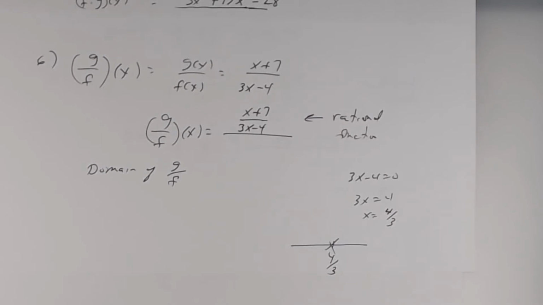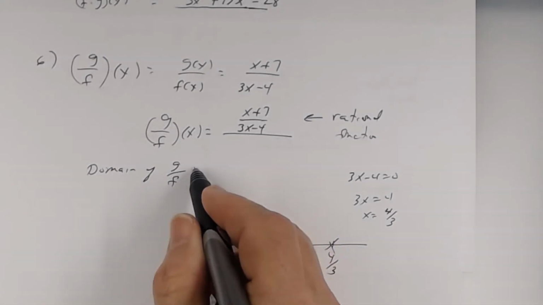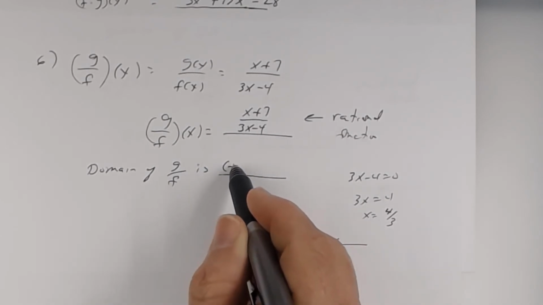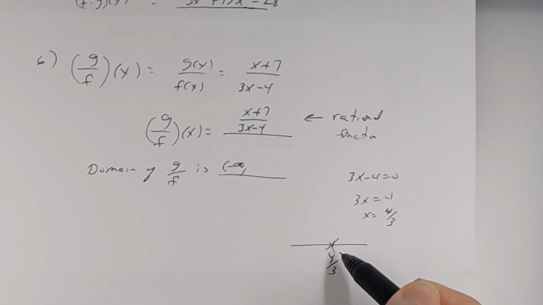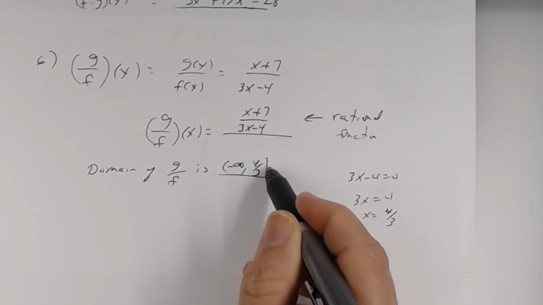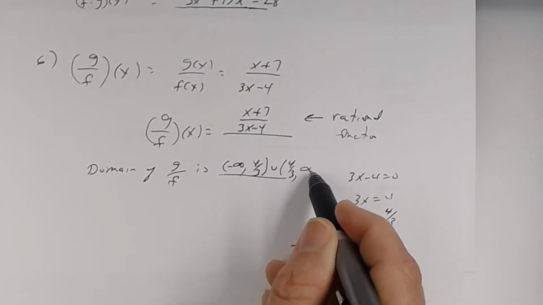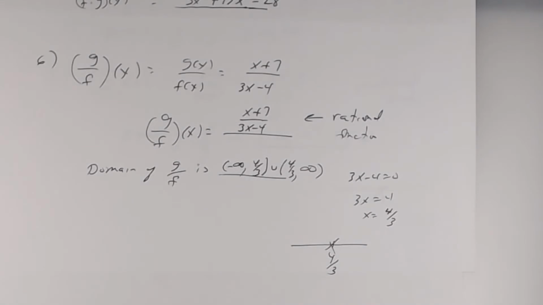And so the domain of g divided by f is, negative infinity to 4/3, parentheses, union parentheses, 4/3 to infinity. Okay? And so I think that should be enough for that worksheet.